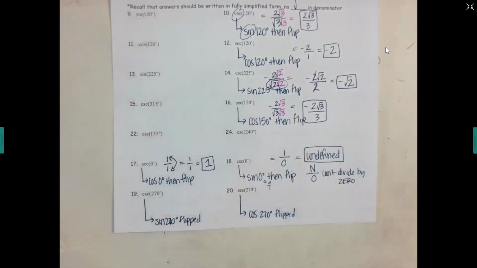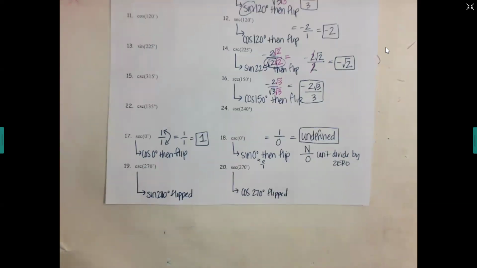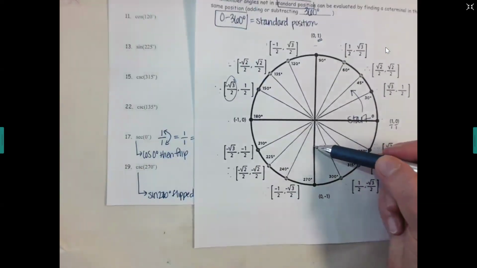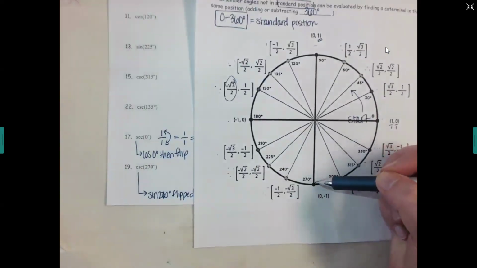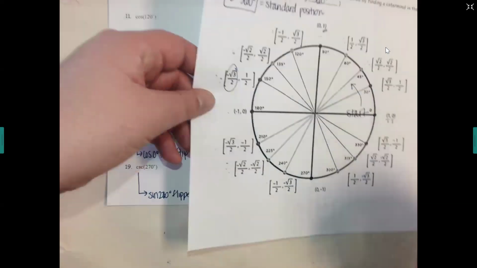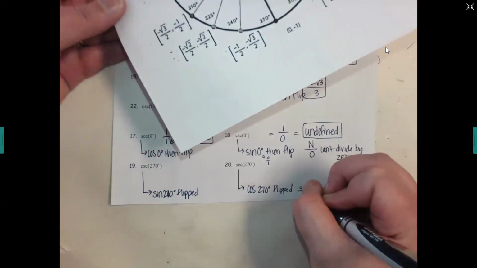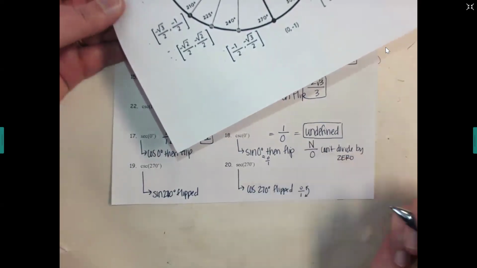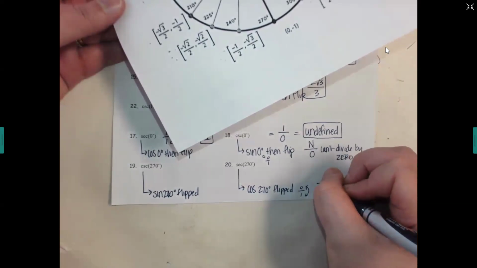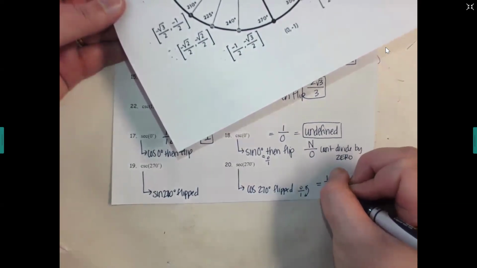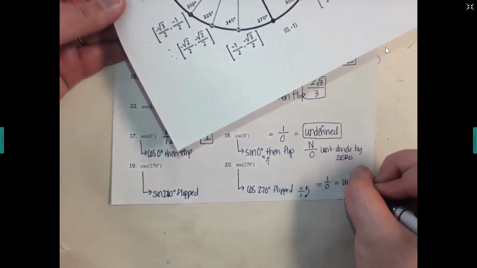So if you look on your circle, 270 is going to be pointed straight down. Okay, so 270 is this angle right here. I see that my X is a 0. So remember that would be 0 over 1, and then we're going to flip it. That would go to 1 over 0, which is not allowed. That would go to undefined.